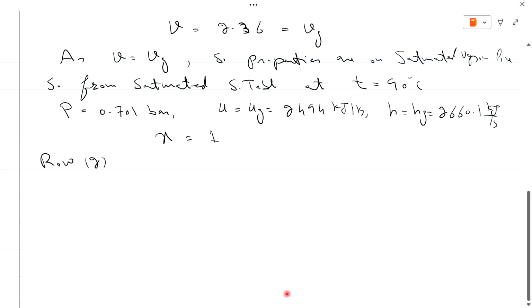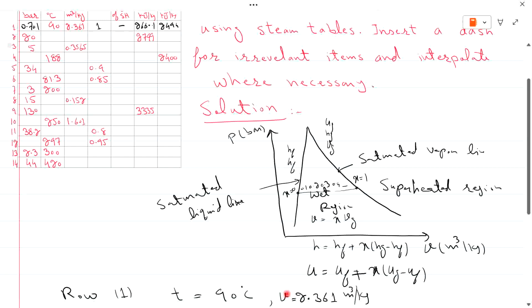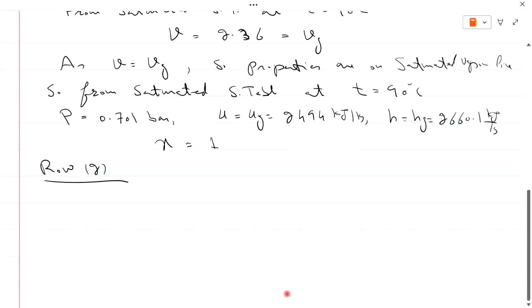In row number 2, pressure is given as 20 bar and specific enthalpy is given as 2799 kilojoule per kg. First we check whether the properties are in the wet region, on the saturated vapor line, or in the superheated region.